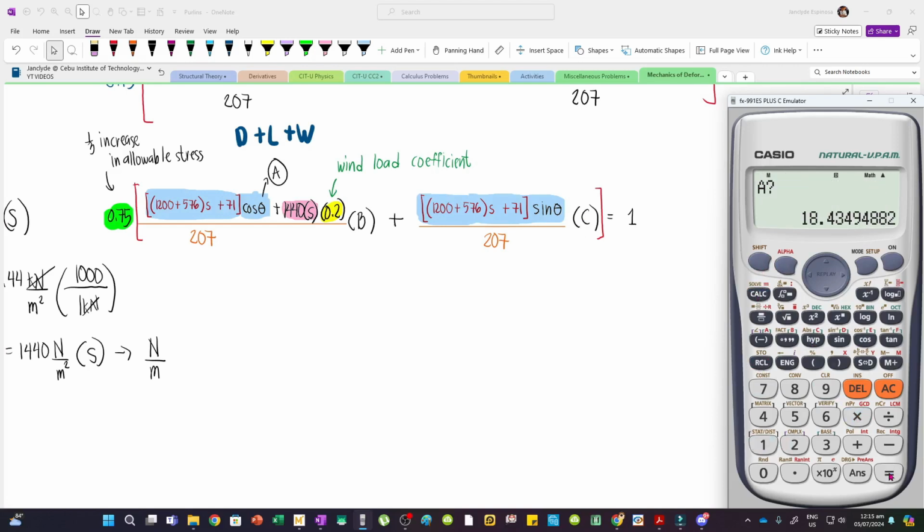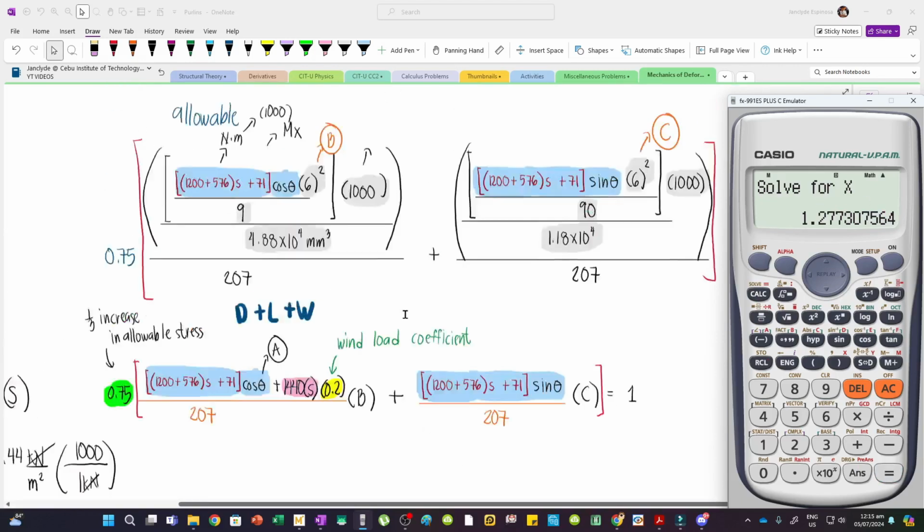So shift solve, press equals, and then solving for S, let's check the choices.